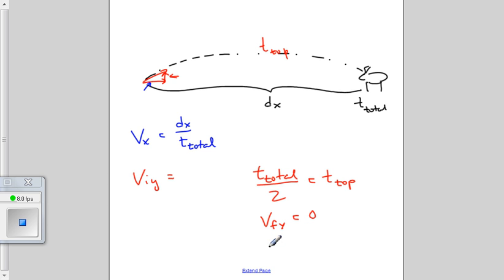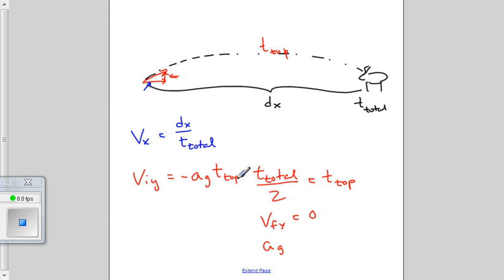And of course the reason it slowed down in the first place is because of the acceleration due to gravity that occurred. With those three variables, we can find Viy. It would simply be a matter of taking negative ag times t to the top.